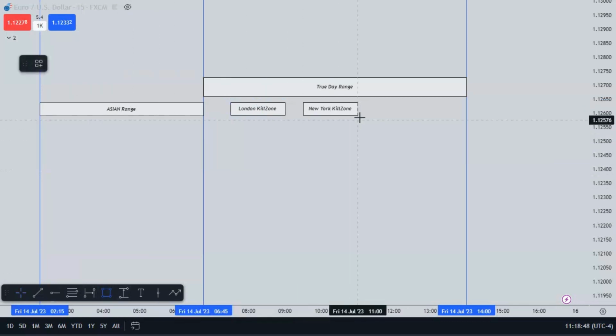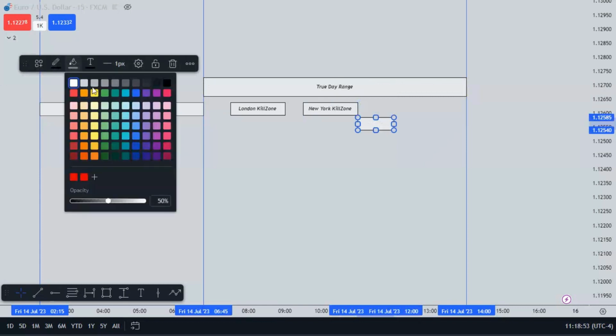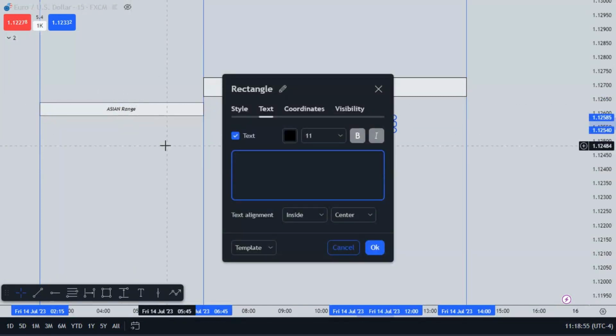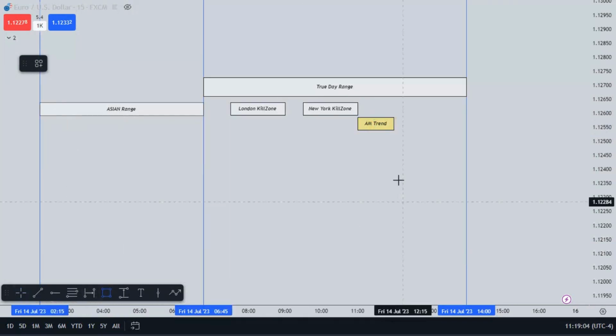And then right here, let me just make this yellow, we're going to have our AM trend.